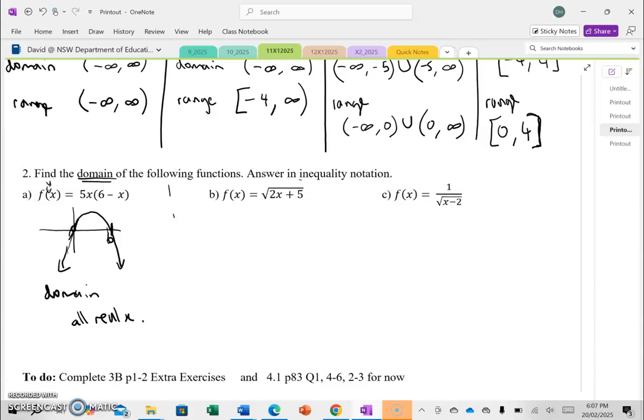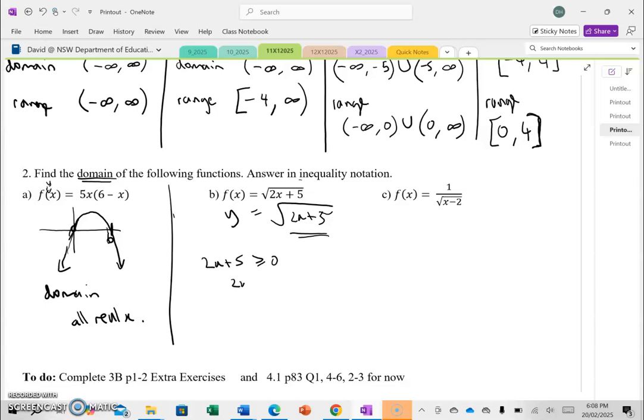Next one, it's a square root, y equals square root of 2x plus 5. Let's imagine we don't know what this looks like. What do we know? The key thing for domain is that under square roots we can't be negative. So that means that 2x plus 5 has to be greater than or equal to 0.